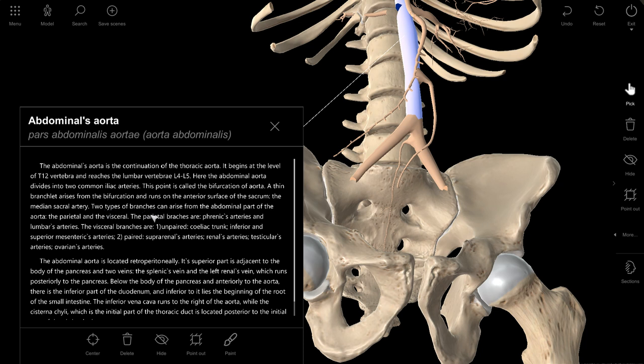Two types of branches can arise from the abdominal part of aorta: the parietal and the visceral. The parietal branches are phrenic arteries and lumbar arteries. Phrenic and lumbar. Let's find them.